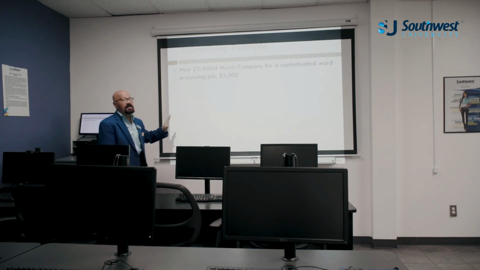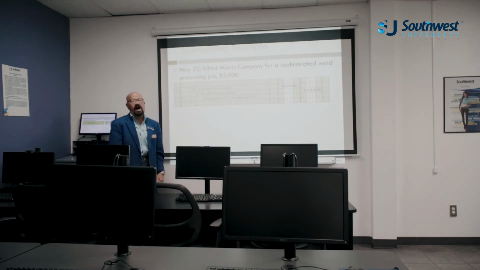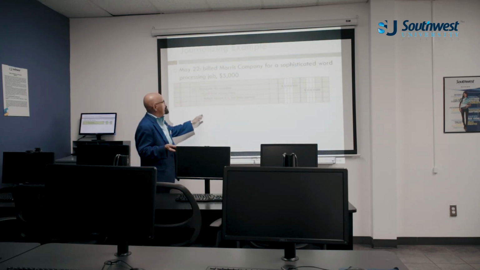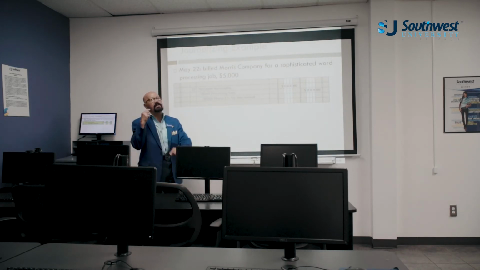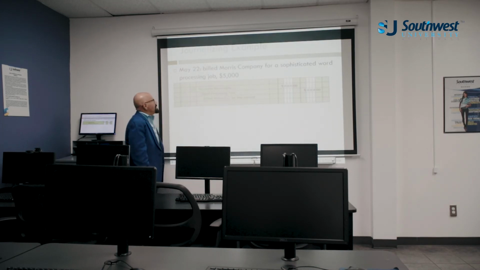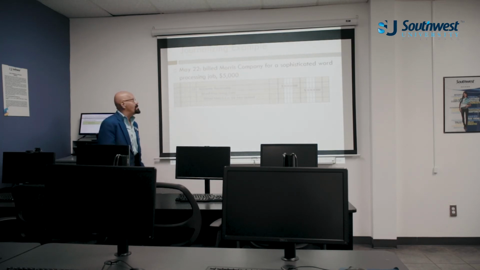So no money has been collected yet, but it will. It will. So we have accounts receivable, $5,000. Accounts receivable is an asset. Why? Because the IRS tells us it is. Okay? So assets, how do we make them go up? We debit $5,000.